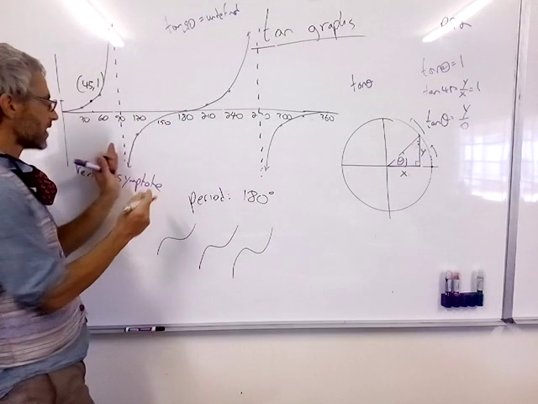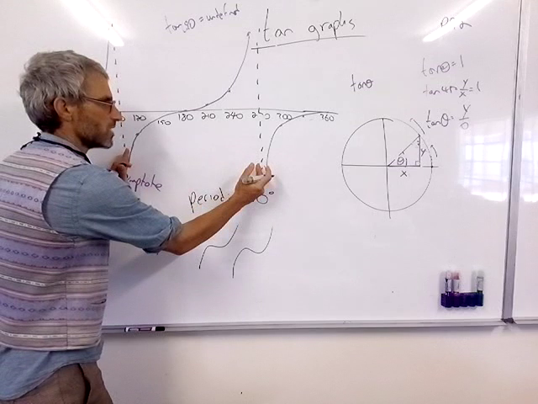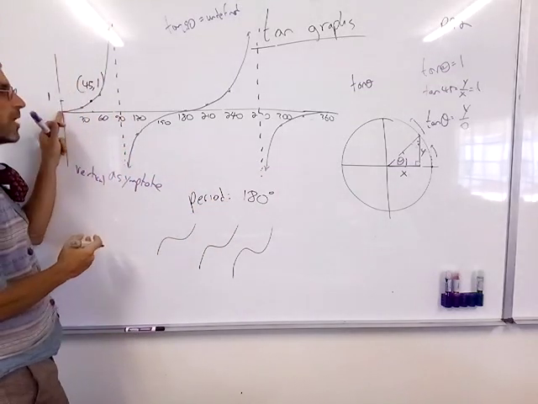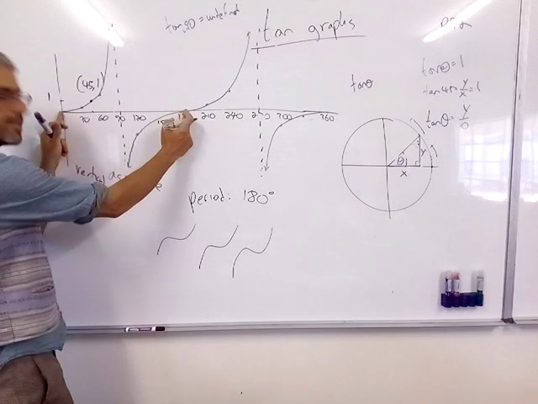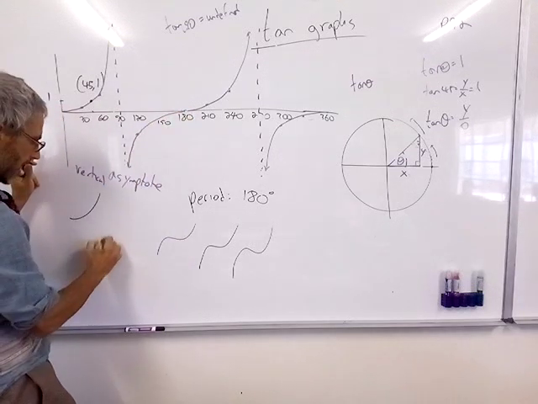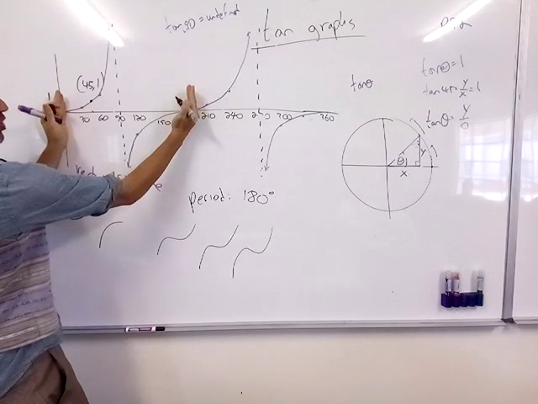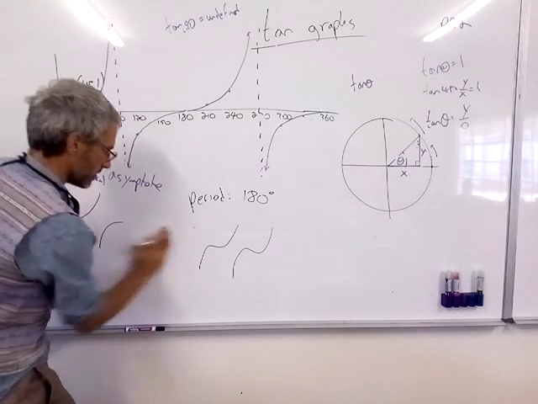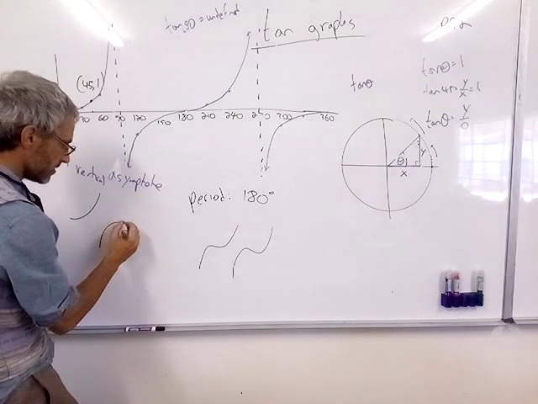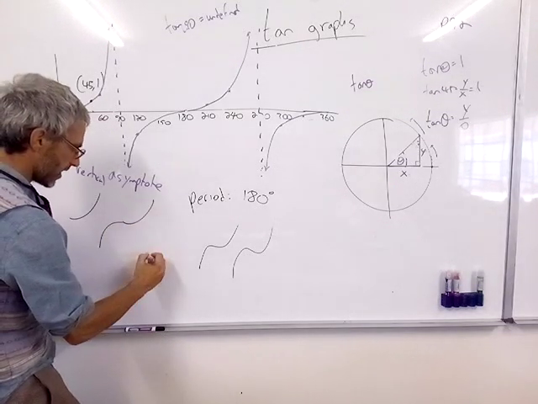Leo decided to start at 90 and end at 270. That's 180 degrees. But I could have started from 0 and ended at 180. Look at this. If I decide, I can take it like this, like that. That's this picture. And then reproduce it again, in a different color, like this, like that.